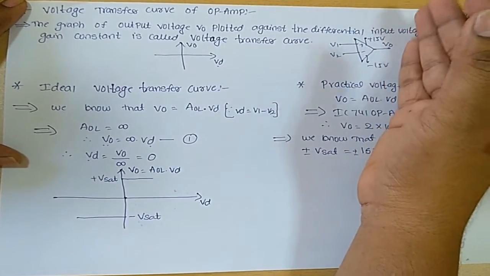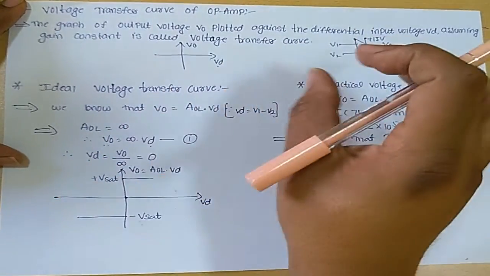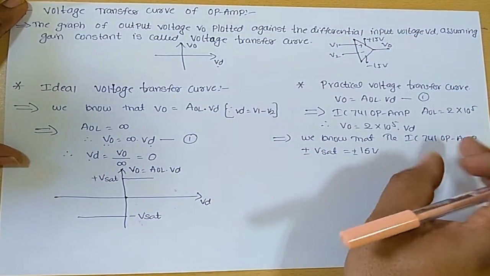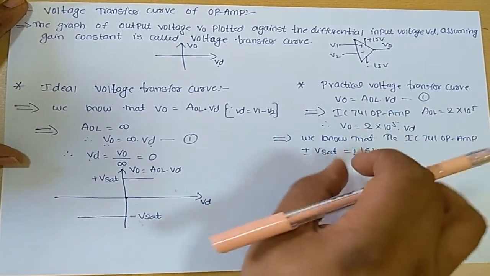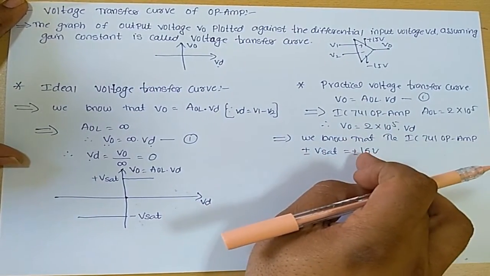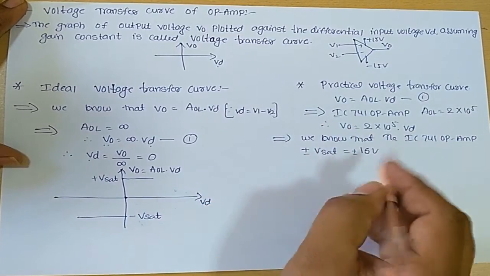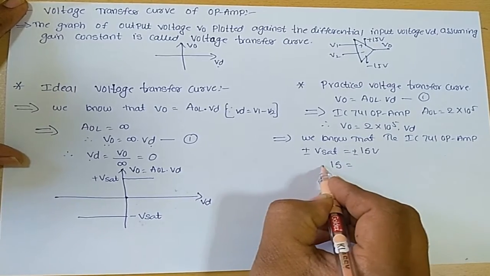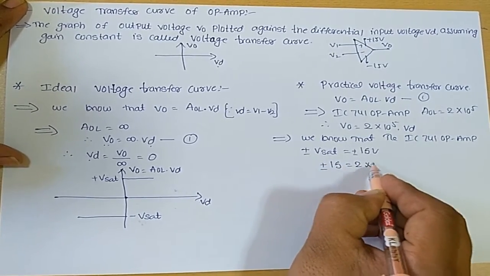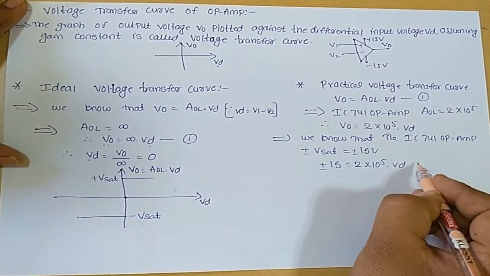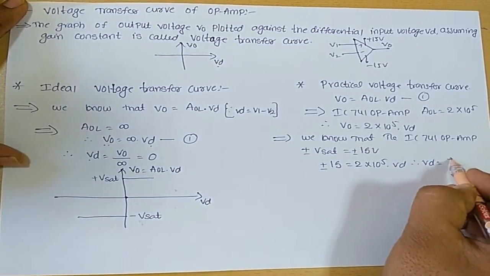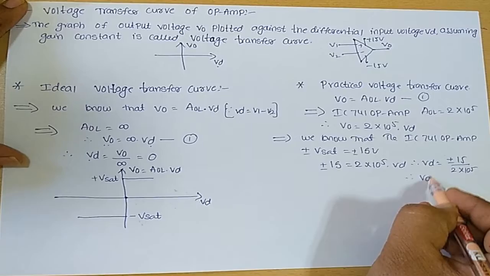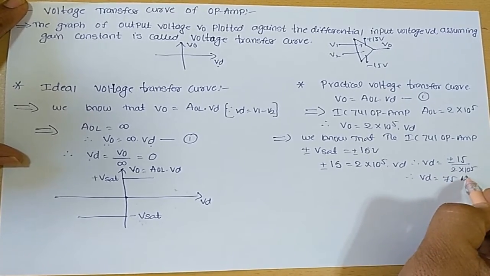Therefore, the output voltage is not more than 15 volts. That voltage we consider as the saturation voltage. So in this IC741 operational amplifier, we assume the saturation voltage is 15 volts. Therefore we substitute this value in place of the output voltage. So output voltage 15 volts equals plus or minus 2 into 10 power 5 into Vd. Therefore Vd equals plus or minus 15 divided by 2 into 10 power 5, that is Vd equals 75 microvolts.